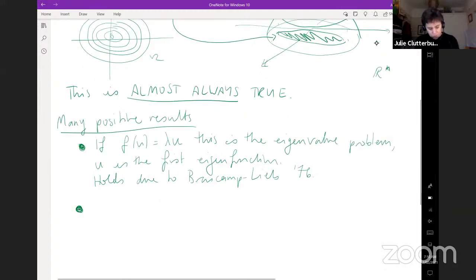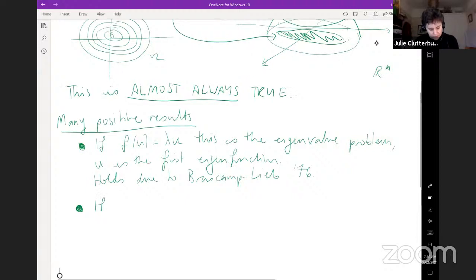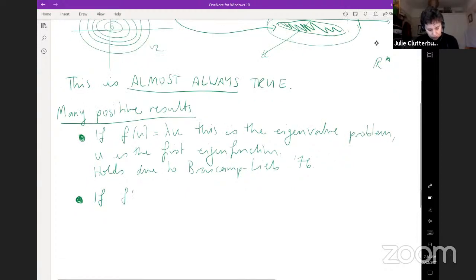There's sort of a more general result if, say, f of naught is equal to naught and f is non-decreasing as a function of one variable.